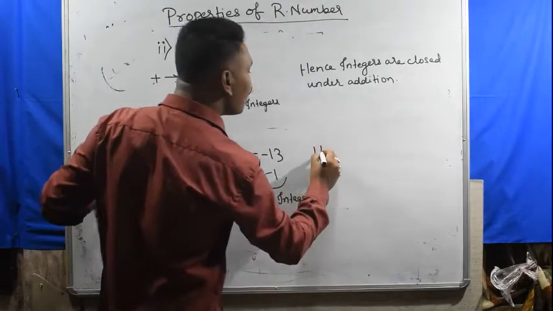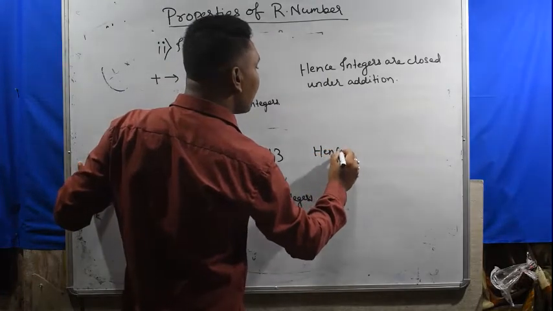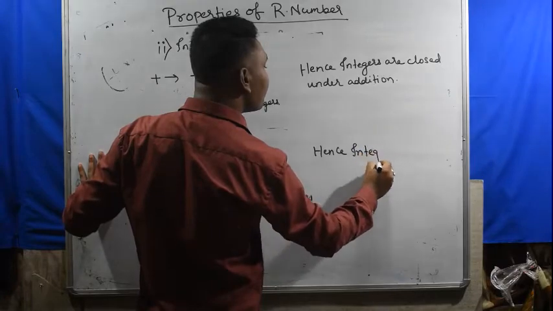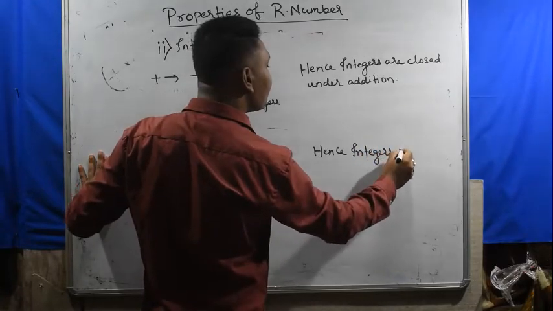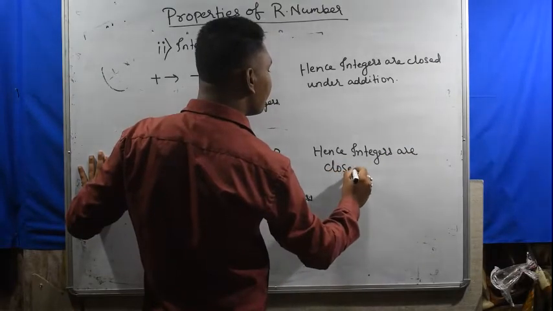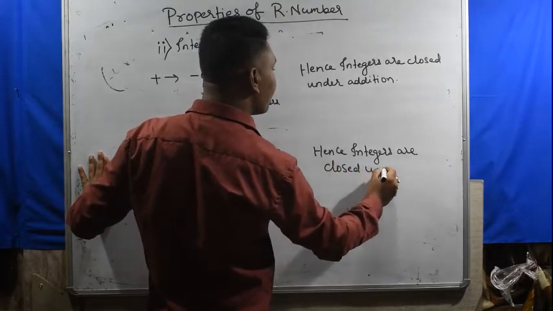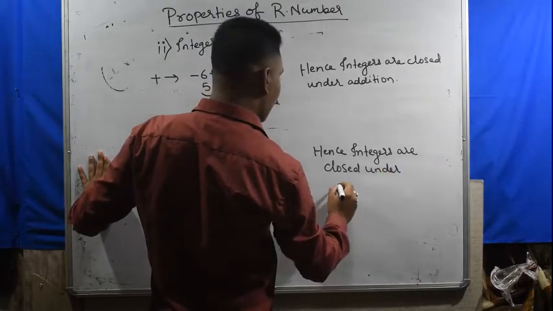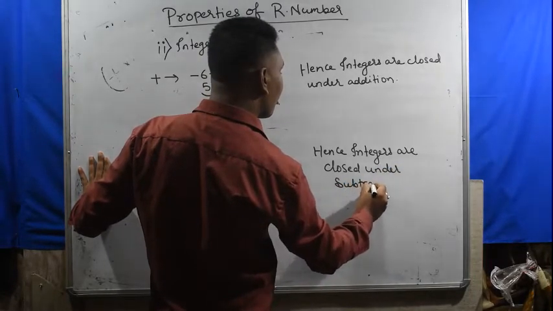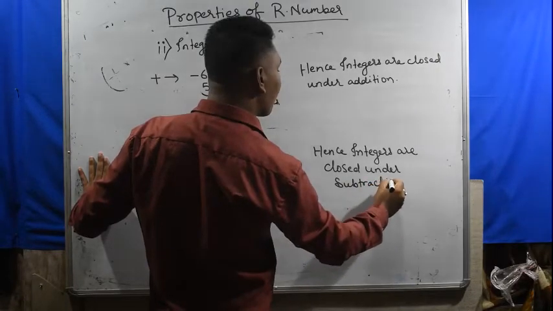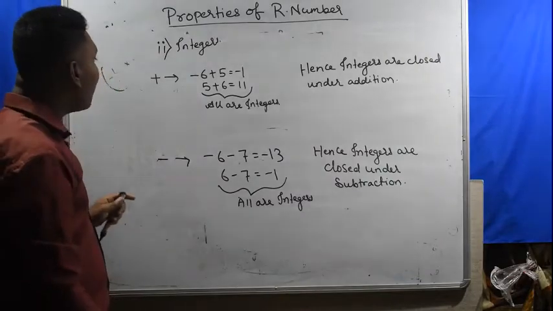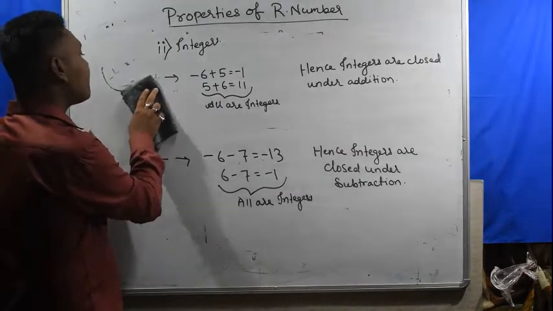So hence integers are closed under subtraction. Okay. Now let us see for multiplication and division.